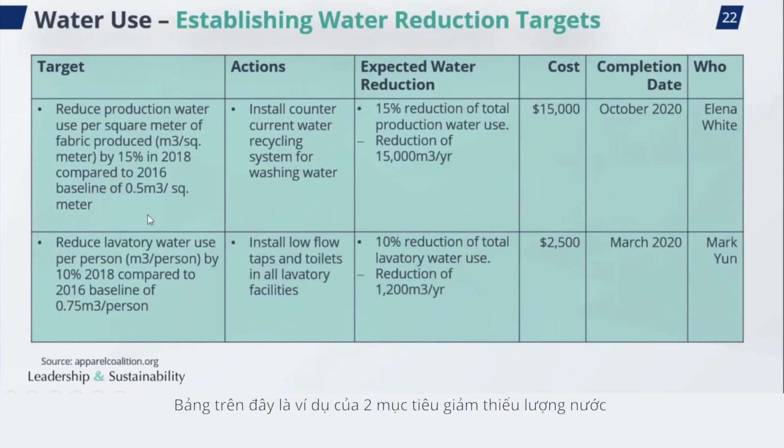So in the first case, the target is to reduce production water used per square meter of fabric produced by 15% in 2018 compared to 2016. And then the action in this case would be to install a countercurrent water recycling system for washing water, and the expected water reduction 15%, which in this case would mean also a reduction of 15,000 cubic meters per year.